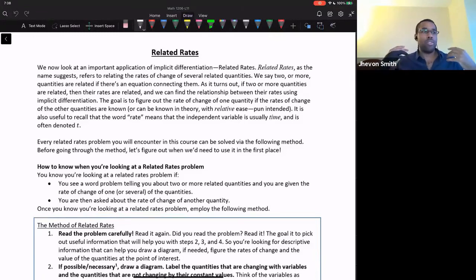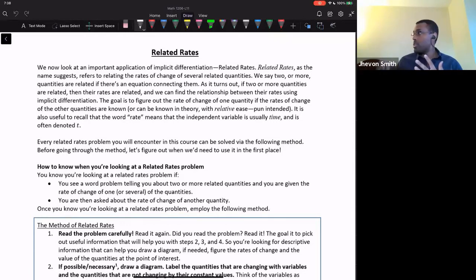So if I have a relationship between x and y, then I automatically know the relationship between the derivative of x and the derivative of y, because I can just differentiate the whole equation. Once I have a relationship, I can turn that into a derivative relationship by just differentiating the original relationship. And so that's where the name related rates comes from. So we are going to use related rates to figure out the rates of change of things that we care about. That's the basic idea.